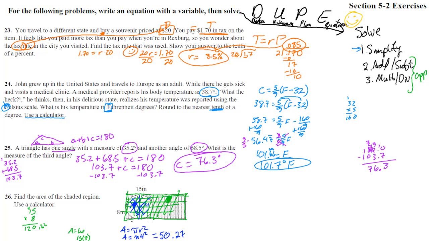So if you take the whole 120 and subtract out those 50.27 square inches, you'll get what's left. 120 minus 50.27, and I get 60.73. And notice we have measurements, so we have to use the right units. We're doing an area, so it's covered by these little square patches, inches to the second power, or inches squared. Excellent.